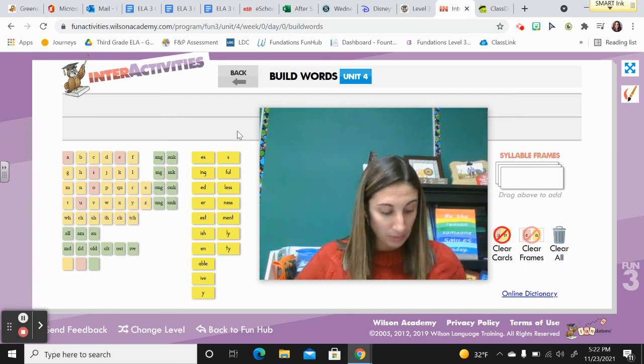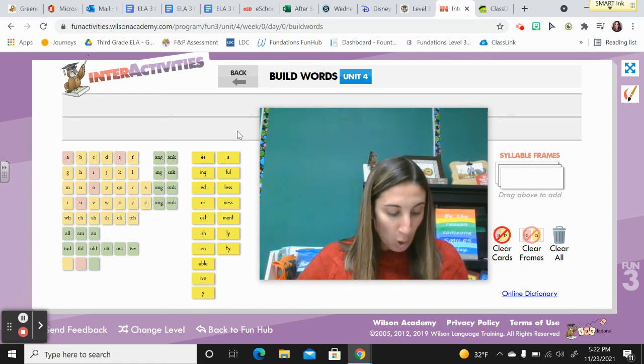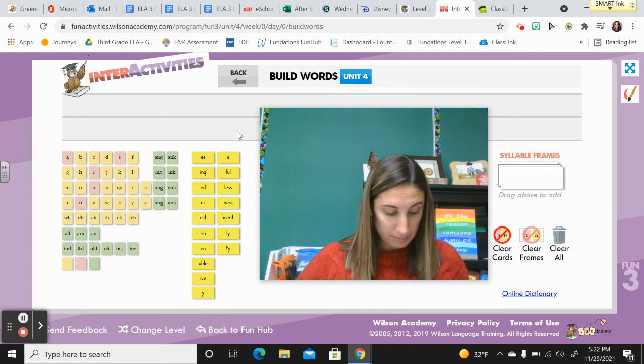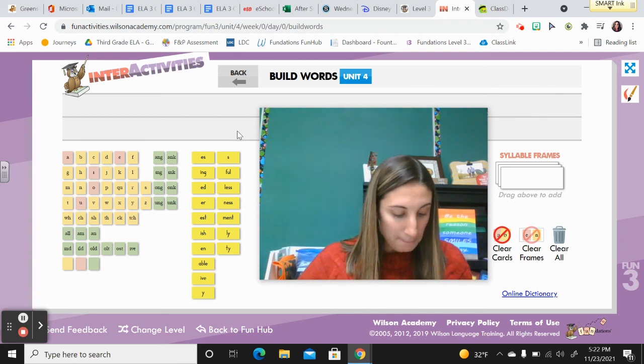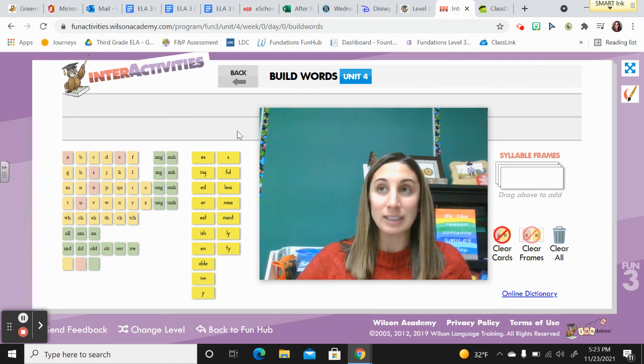That's the sentence. Don't worry, I'll repeat it. Tom moped as he mopped up something that had spilled. One more time. Tom moped as he mopped up something that had spilled.